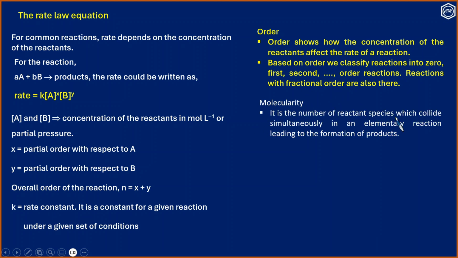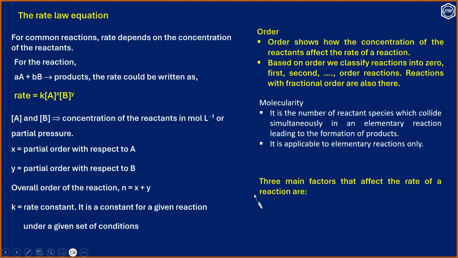It is the number of reactant species which collide simultaneously in an elementary reaction, leading to formation of products. It is applicable to elementary reactions only. Elementary reactions are those reactions which take place in a single step. Three main factors that affect the rate of a reaction are concentration of the reactants, temperature, and the presence of catalyst. Other factors are also there.